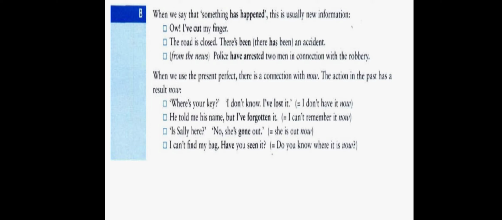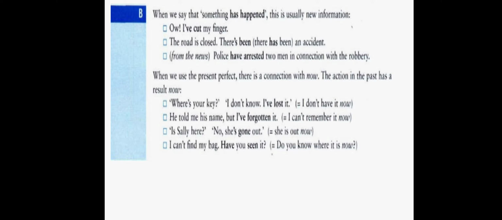So we say police have arrested two men, because they arrested them just a few moments ago. They are in the car. The effect is there. They are in custody. When we use the present perfect, there is a connection with now. The action in the past has a result now, or a certain effect now.